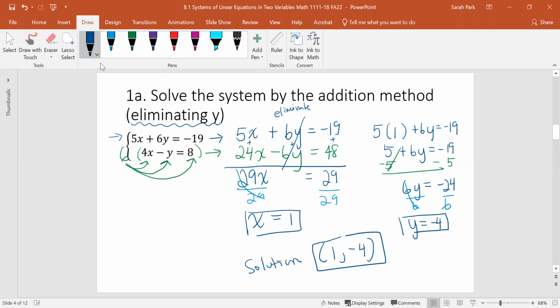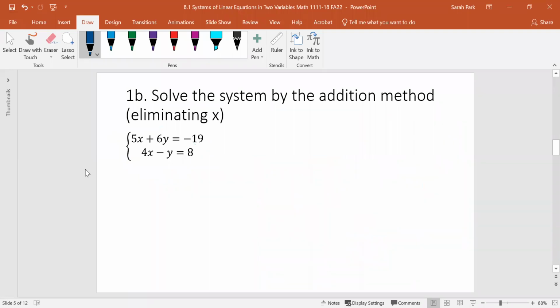Okay, let's take the same two equations, and in this case, let's eliminate x. It's the same two equations that we looked at previously, and the only difference is we're eliminating the x. If you look at 5x and 4x, the way they're written now, they can't be eliminated because they have to be opposite values.